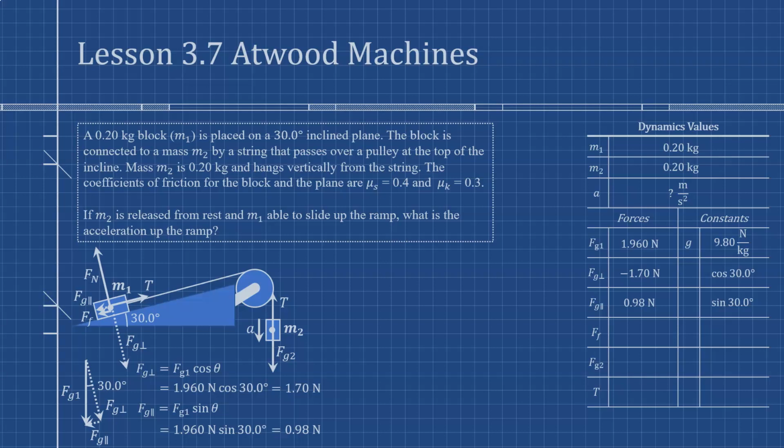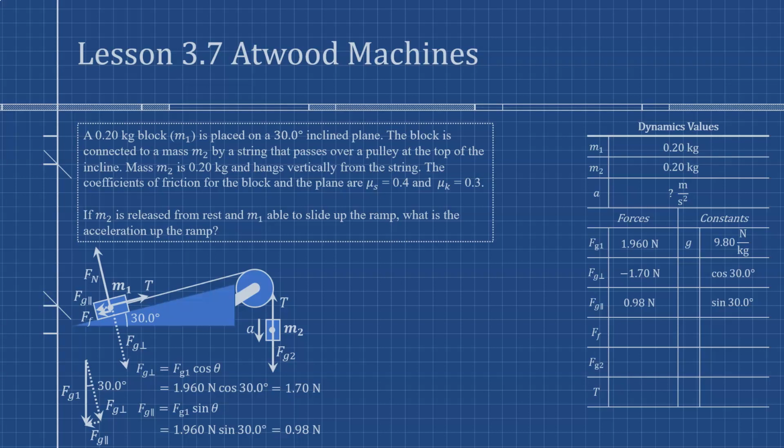Okay, so these positives and negatives I enter into the table, keep in mind, you're going to have to think them through later on. I don't know whether I want this to be positive or negative at the moment. I'm leaning toward negative, actually, because if acceleration is in a positive direction, this is going to be pointing opposite the direction of acceleration. But for right now, I'm just going to leave this positive and make the actual decision later.